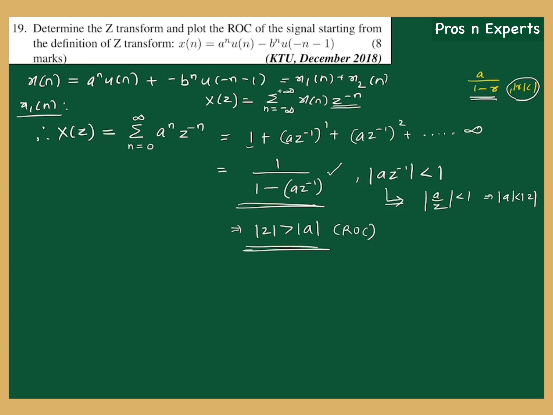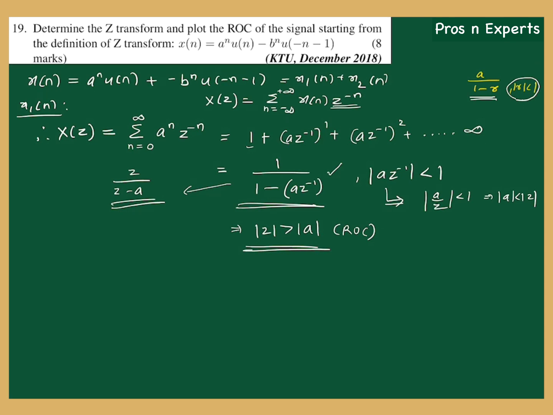Okay, so this is obvious, we have studied this as a standard result. If we have a raised to n u of n signal, its Z transform is 1 by 1 minus a z inverse, or you can write it again as z by z minus a. Both are right. And the ROC is mod z greater than mod a, and I have already told you this is a right side signal, so its ROC will be of the form mod z greater than mod a.